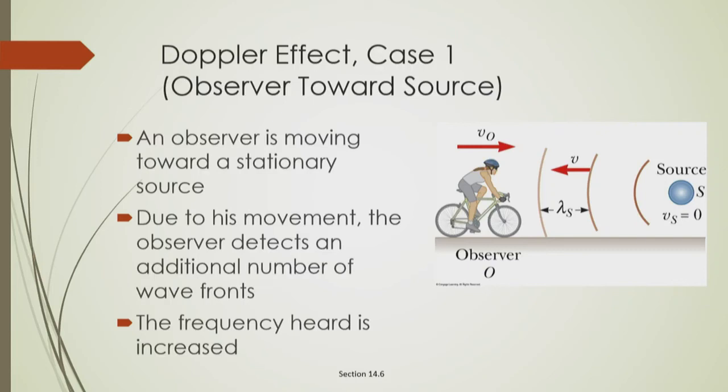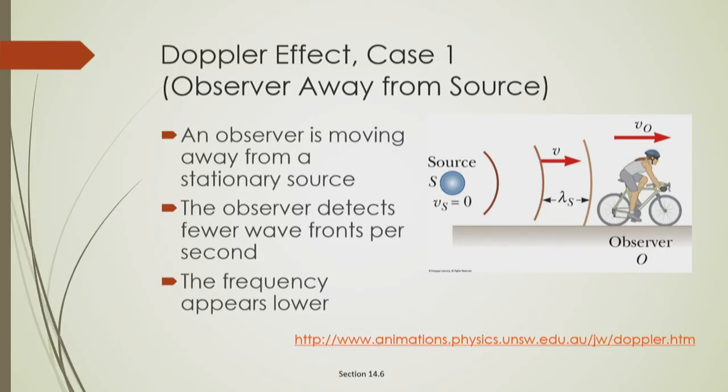The observer is moving towards the source, so when it hits a wavefront, it's going to hit the next wavefront sooner than one wavelength later. And so we're going to get a perception of increased frequency. And if I'm moving away, it takes longer for the wavefront to get to me. So we can look at animations associated with it.